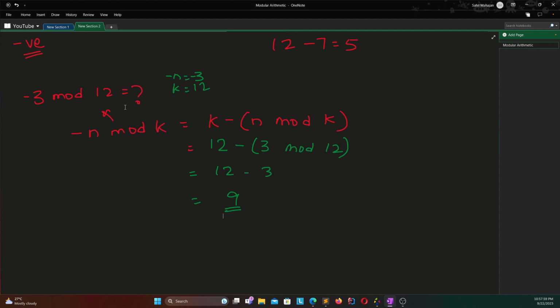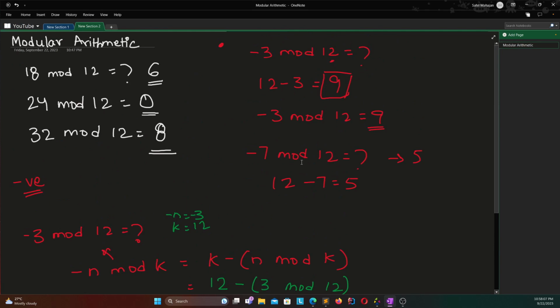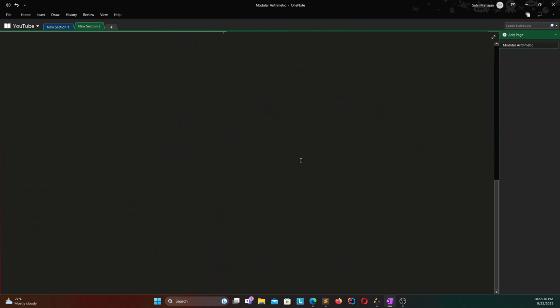Let's take one more question: the one we already solved above, minus 7 mod 12. We have to find minus 7 mod 12 is equal to what? As per our formula, minus n mod k is equal to k minus n mod k.